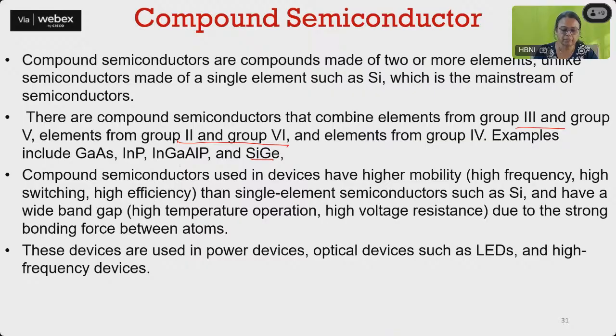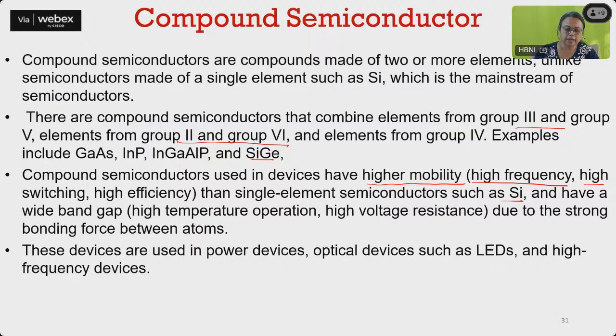So compound semiconductors are used in devices having higher mobility. High mobility, why, I will be explaining that. What application can we go for if it has higher mobility? High frequency devices, or high switching speed, or high efficiency compared to a single element semiconductor such as silicon, and they have a wide band gap.